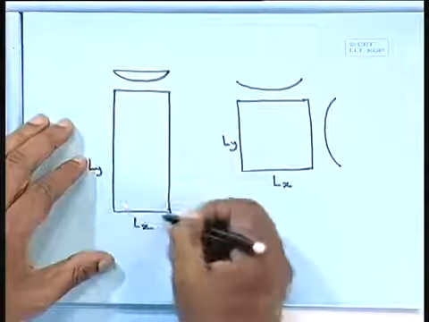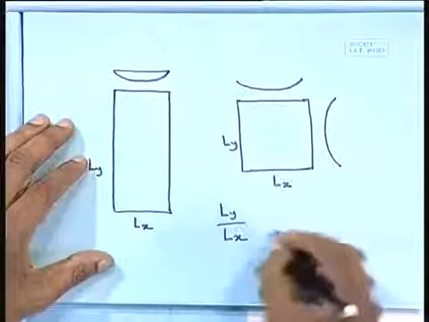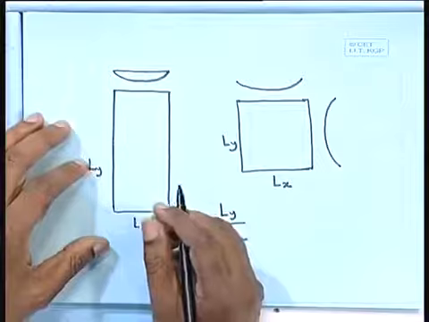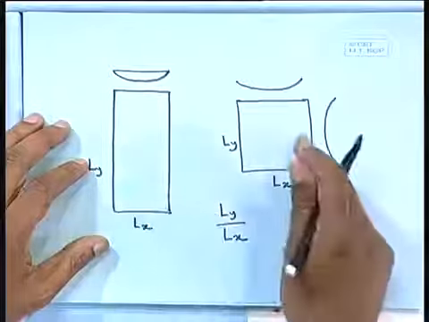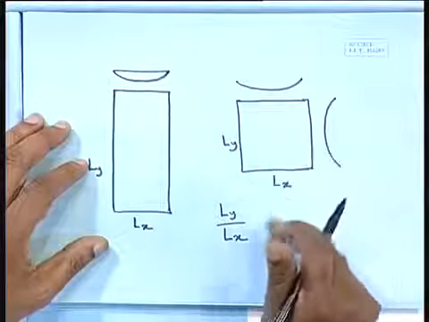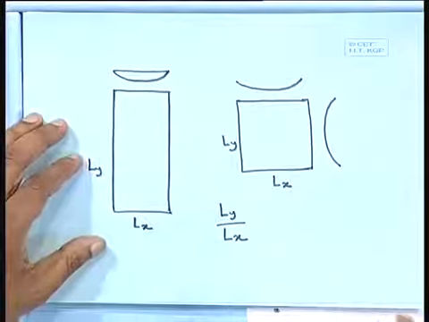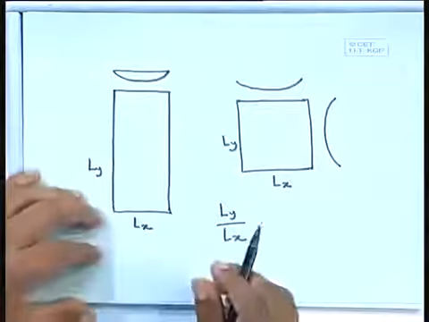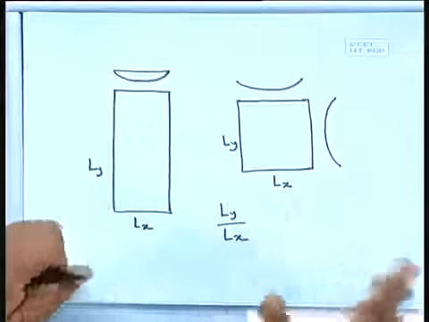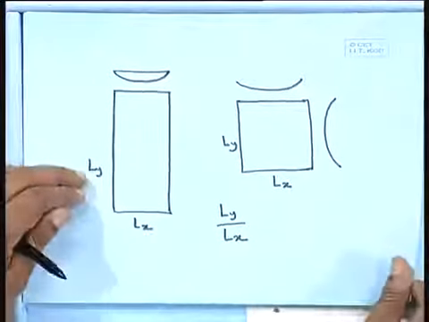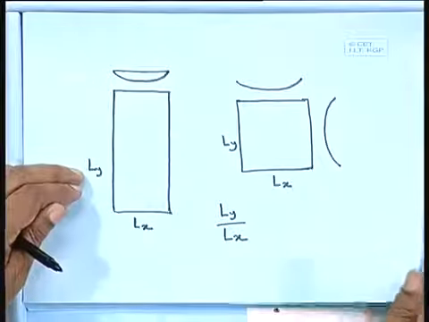If Ly by Lx is greater than 2, then we shall take it as one way. If it is less than or equal to 2, then it is two way. In this problem we shall take two ways. Flat slabs and flat plates we shall not design now, but we shall come to them at a later stage, and I shall show one or two examples of how to design them.